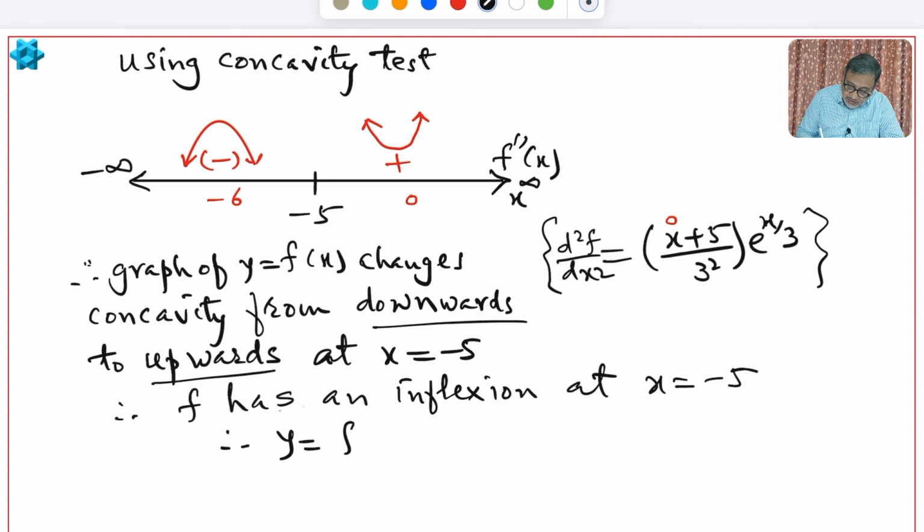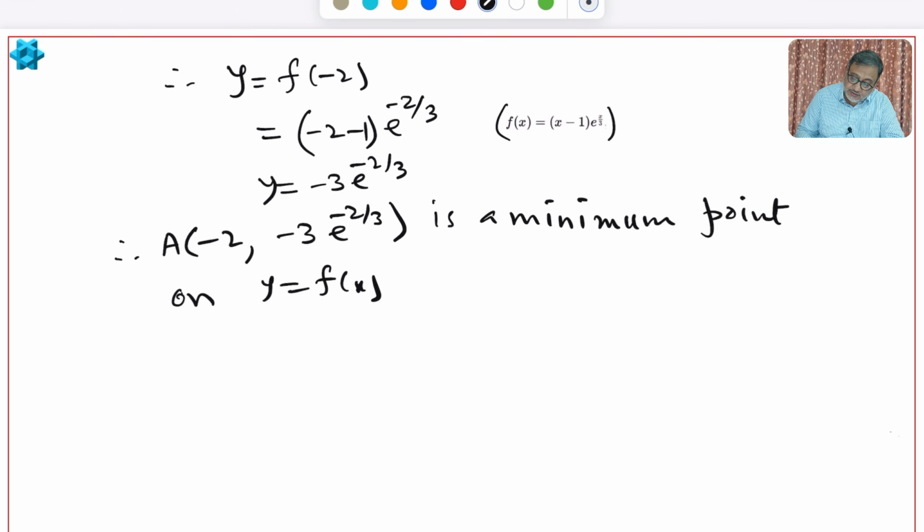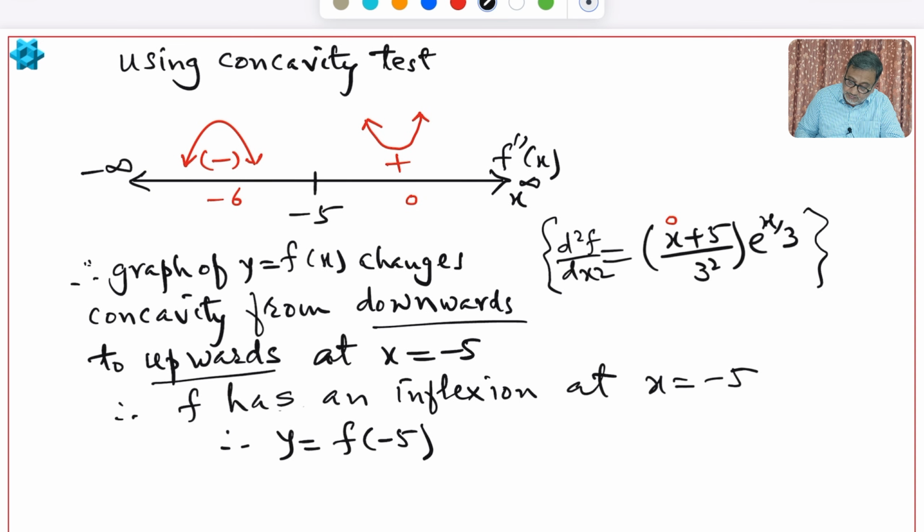So y is equal to f of minus 5. f of x was written here somewhere, yeah, this is f of x. I will paste here again. Okay, so in this I will put minus 5 minus 1 e raised to minus 5 by 3, which will be minus 6 e raised to minus 5 by 3.